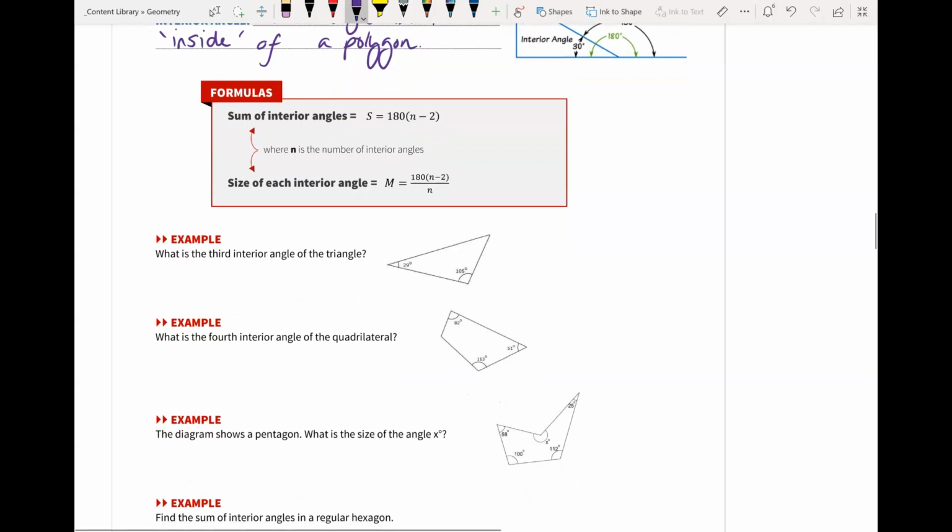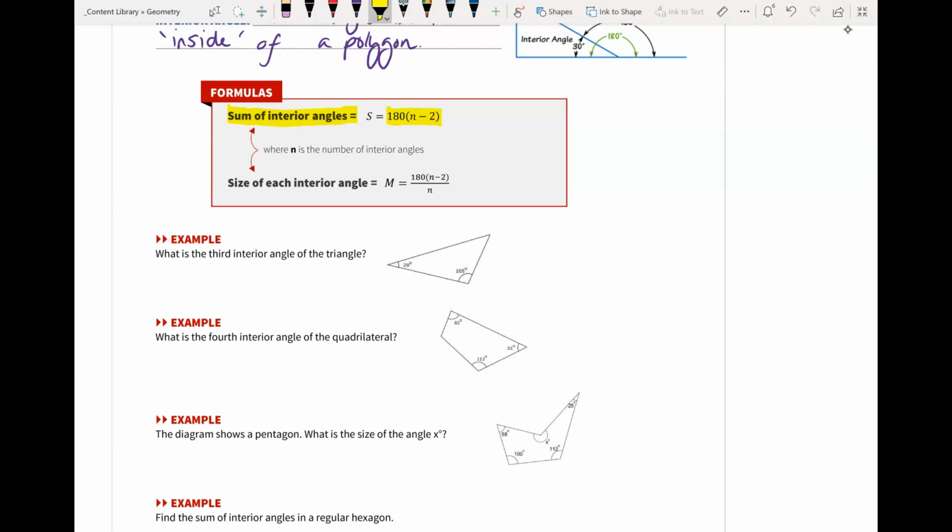So here are some formulas about our interior angles. We know that the sum of the interior angles in a polygon is calculated as 180 times n minus 2, where n is the number of interior angles.